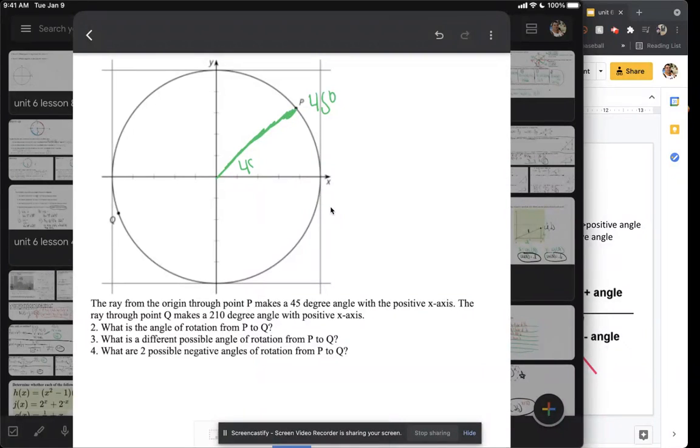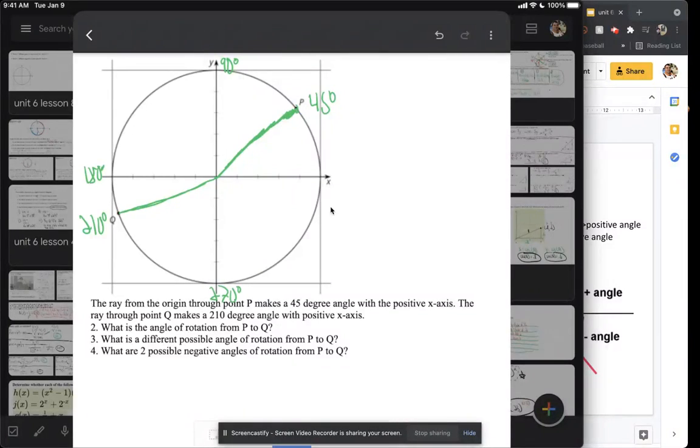So this is a 45-degree angle right here. The ray through point Q makes an angle of 210 degrees with the positive x-axis.